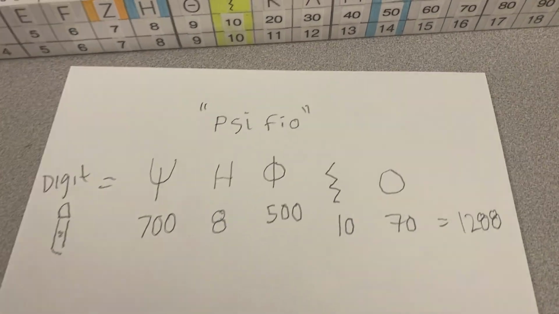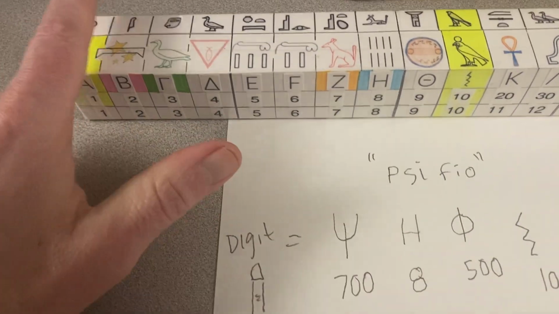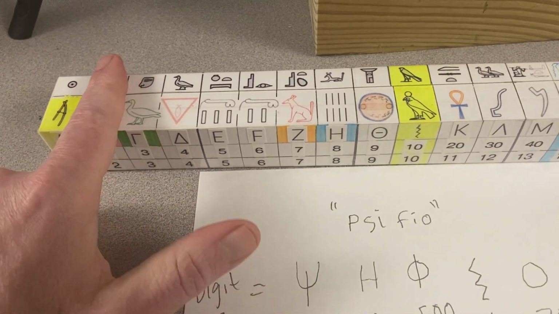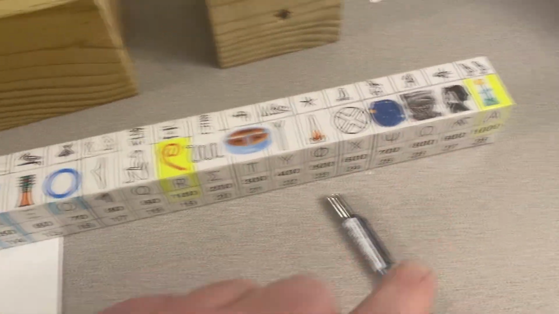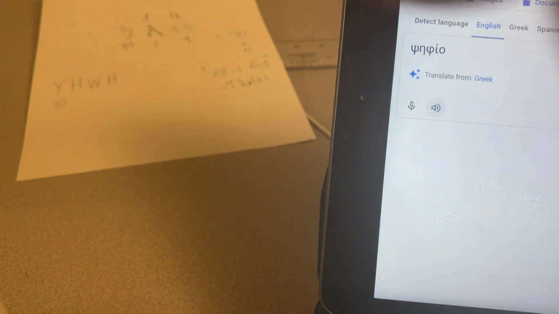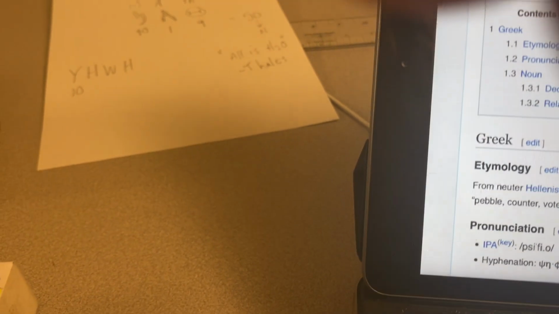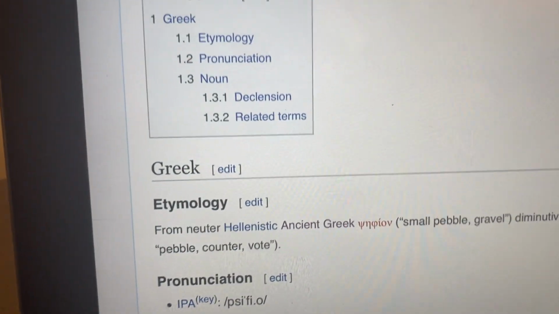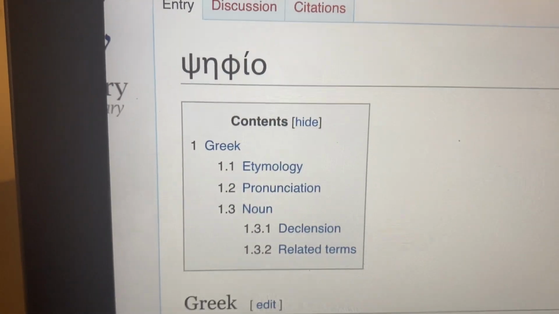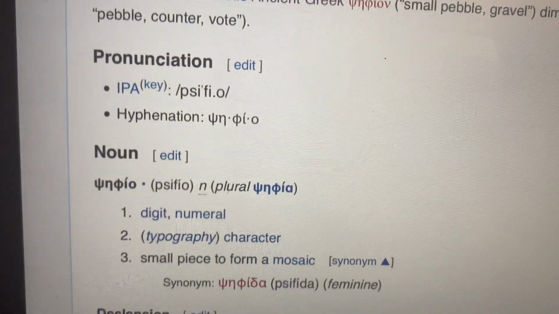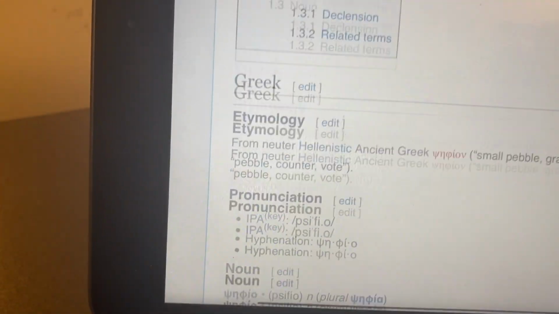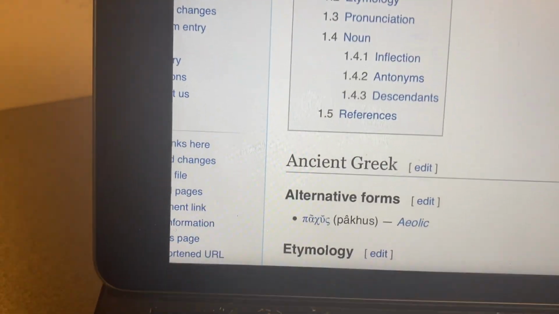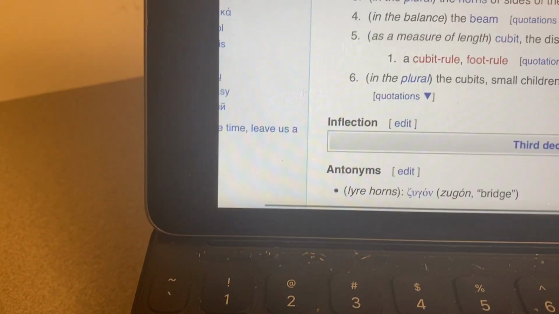Now the next word we're going to look up, since each unit on a cubit ruler is digit, is cubit. So here's Cephio. This equals either digit or numeral. Now when we translate cubit in the Greek, we get picus.